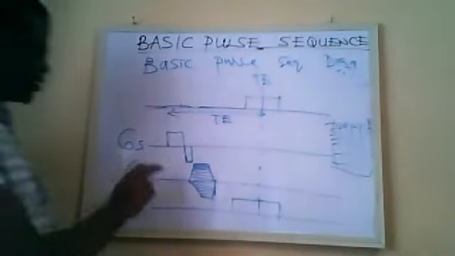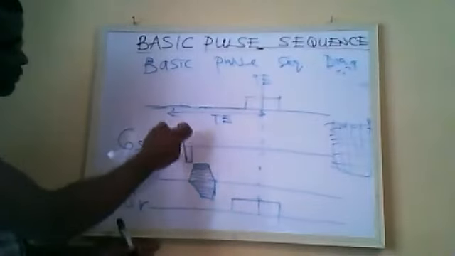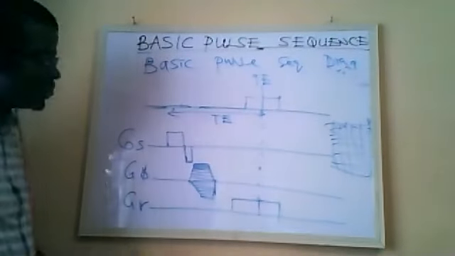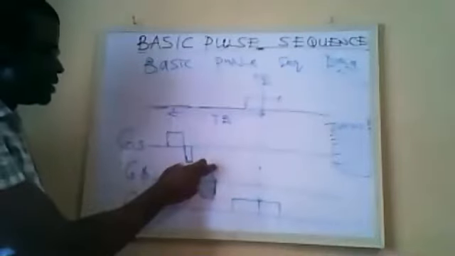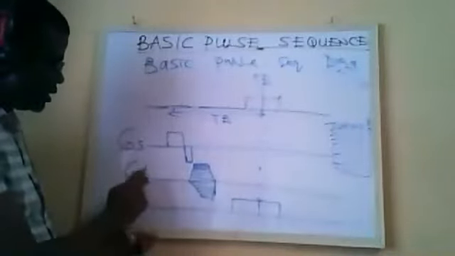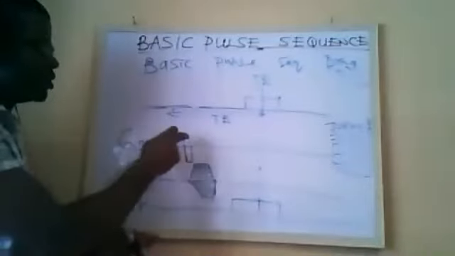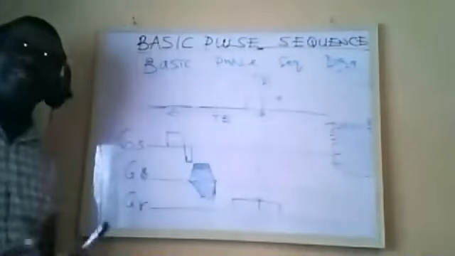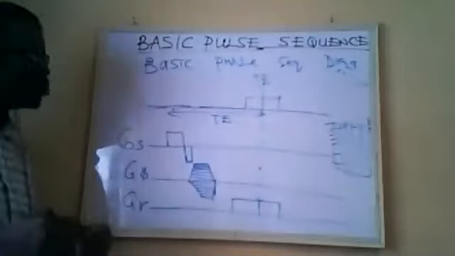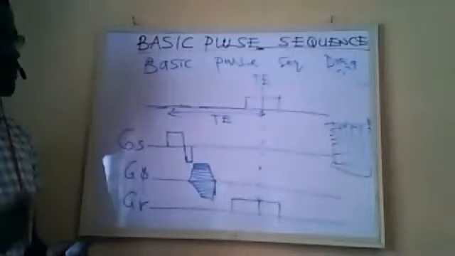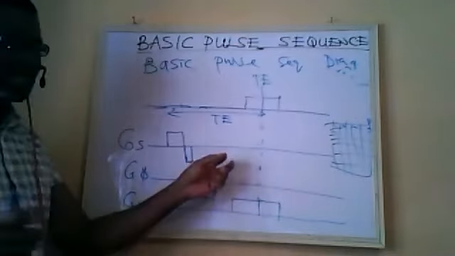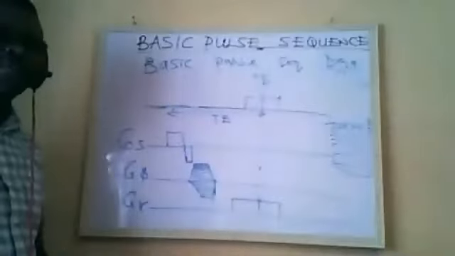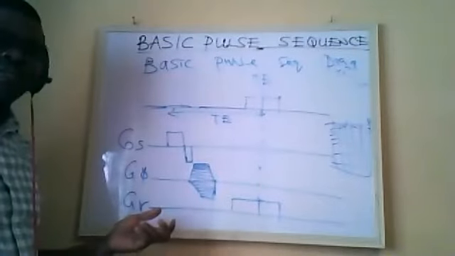The phase encode gradient is turned on after the slice select gradient has been turned on, because we want to apply changes to the phase of the slice, to each portion of the slice. We want to apply a phase change, actually meant for spatial localization in this slice.